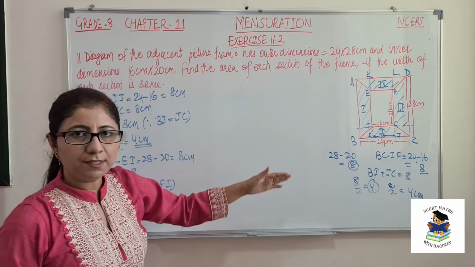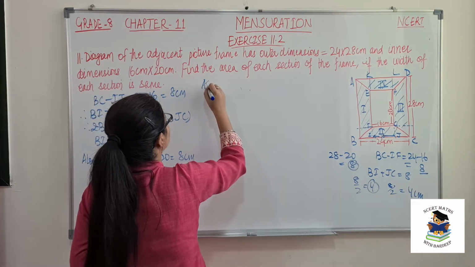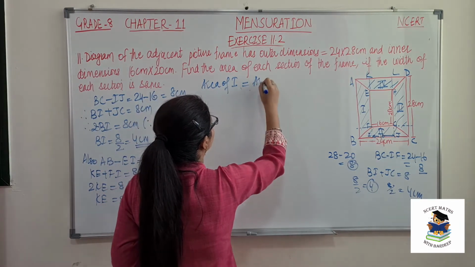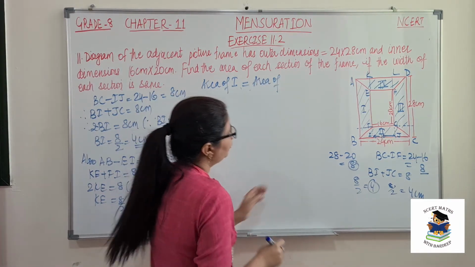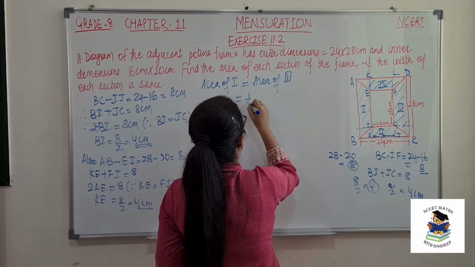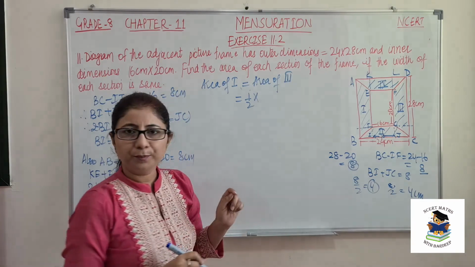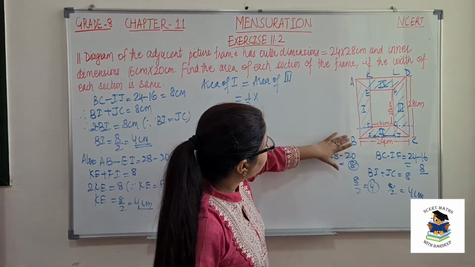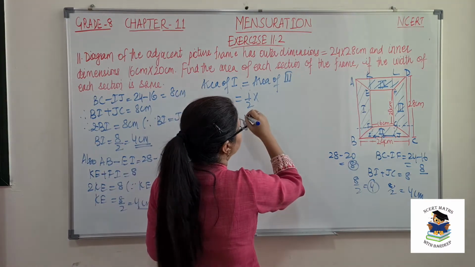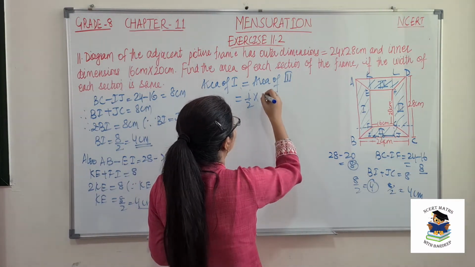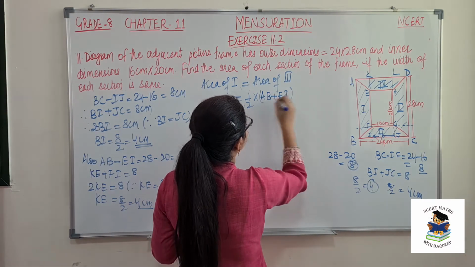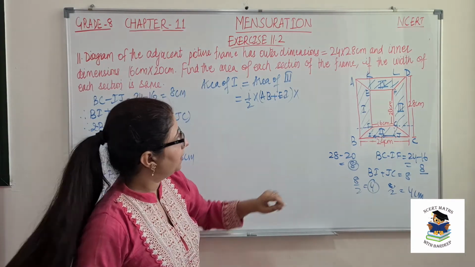Now we can easily find the area. That is, area of 1 is equal to area of 3. And how to calculate this? Half into the sum of parallel sides. Here we have AB and EI as parallel sides. So half into AB plus EI multiplied by the perpendicular distance.